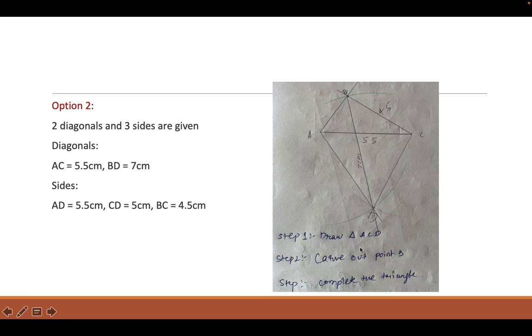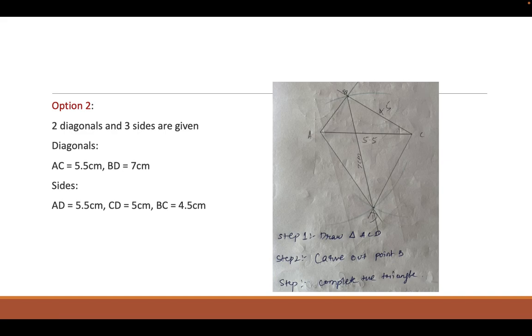Join this, and then you know that BD is known to you, and BC also. So measure 7 and use the compass to draw this one.